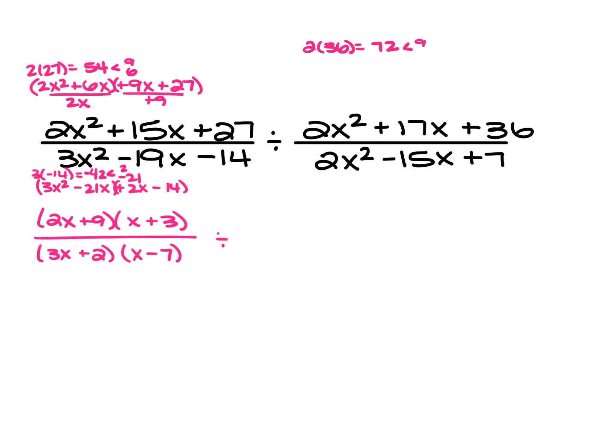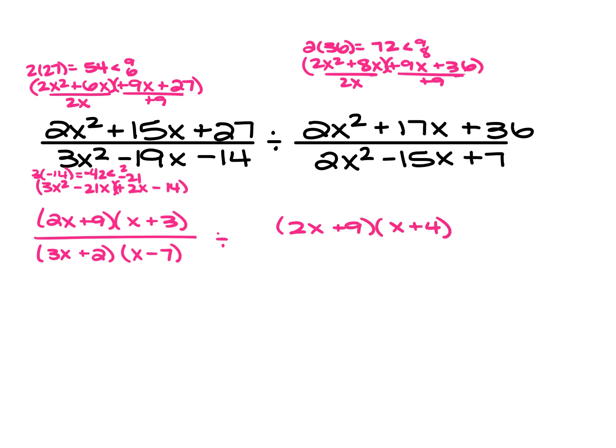So we're going to rewrite this as 2x squared plus 8x plus 9x plus 36. We're going to group these, factor out a 2x, factor out a 9. That's going to give us 2x plus 9 times x plus 4.